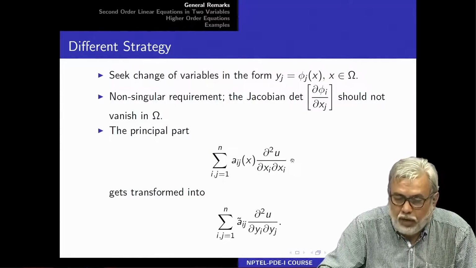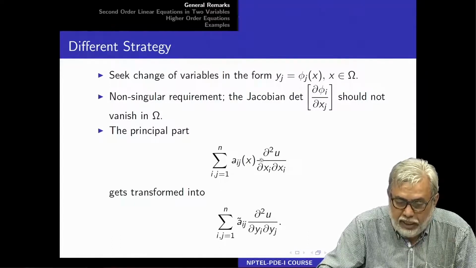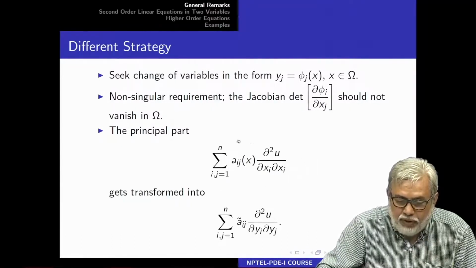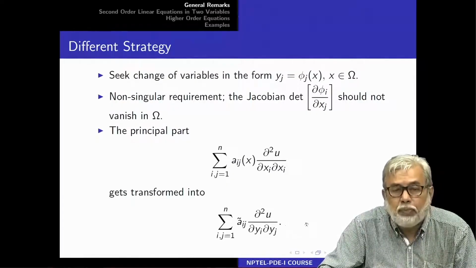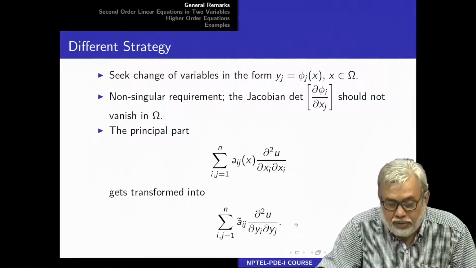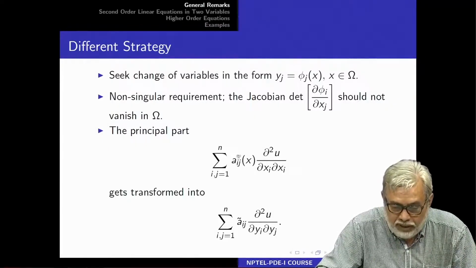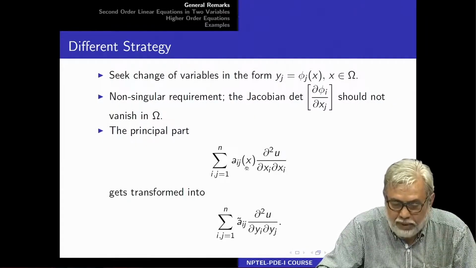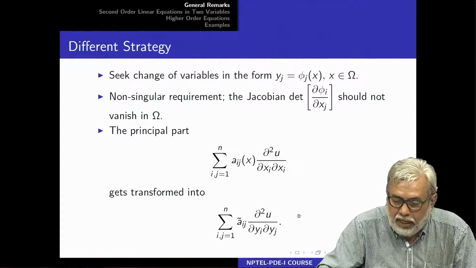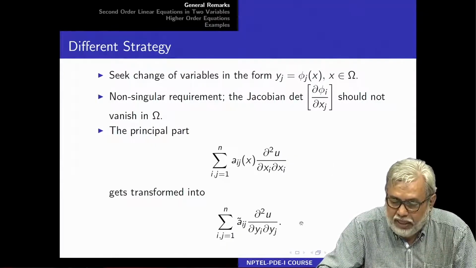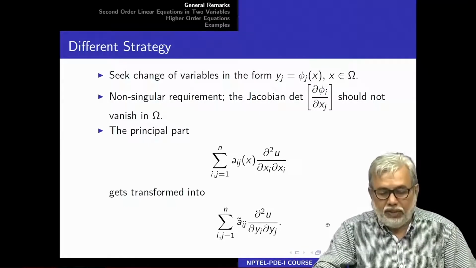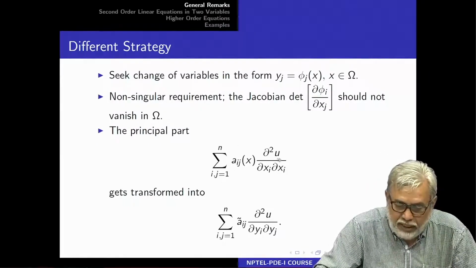Even going from the x variable to the y variable will produce some lower order terms, because the coefficients are variable now, but you club all the first order terms together, and we are concentrating only on the second order terms.